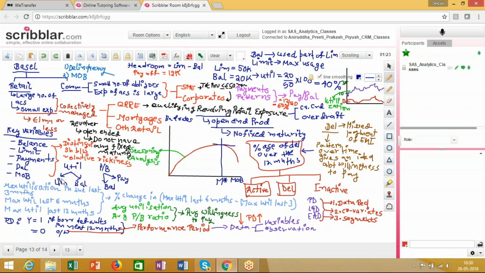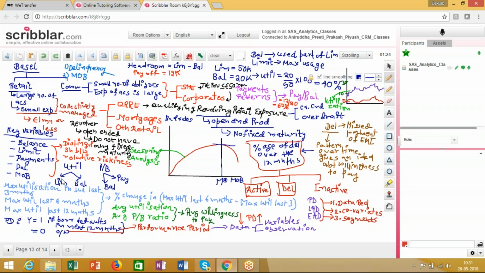The next part that we have over here is the commercial portfolio. In a commercial portfolio, there are a relatively small number of obligors, right? And the exposure of each obligor is relatively large. So the exposure of the accounts is large. If you think about a business loan, a typical business loan would start from some crores of rupees, right?